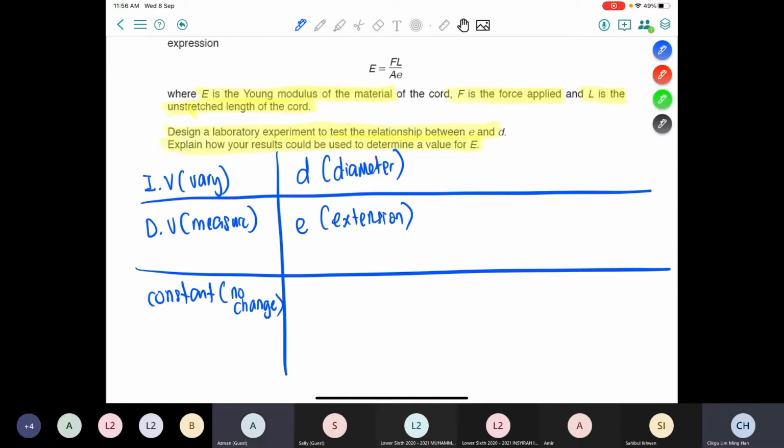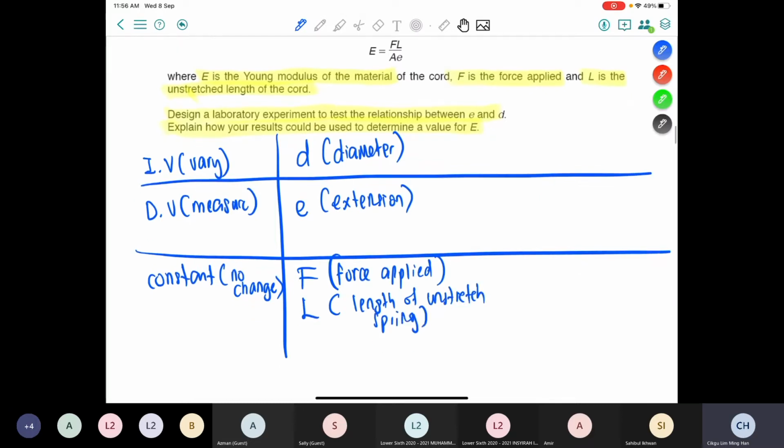F. The force applied. Anything else? Just one. L also. L. Okay, that's all.